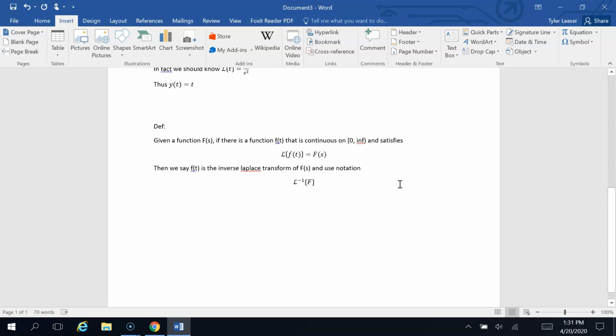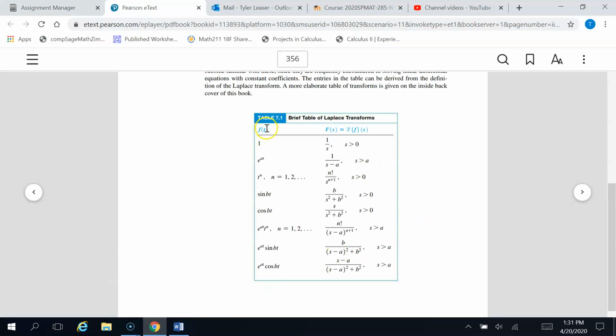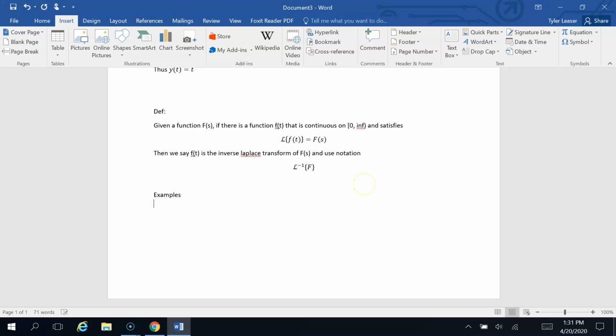It's mostly based on that table from before. So just to bring up that table in the book, instead of looking at the left-hand side and getting the Laplace transform, we're going to be looking at the right-hand side and undoing that to get back to the function itself. So let's just do a few examples of that. We'll do maybe 3 of them.